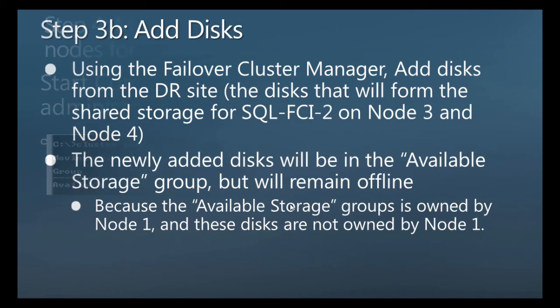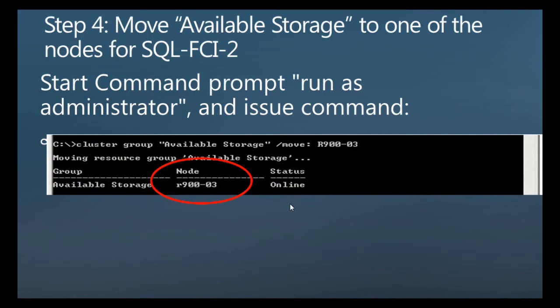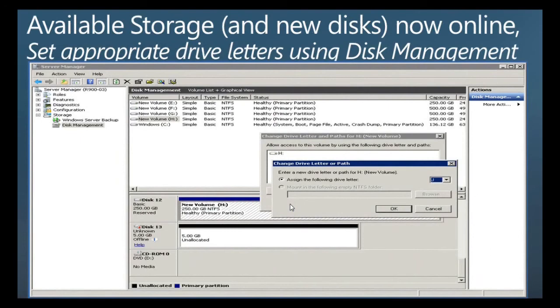So you need to move these disks from available storage to node 3, which can actually own these 2 storage. Another amazing thing is you can even assign the same drive letters for the DR instance.